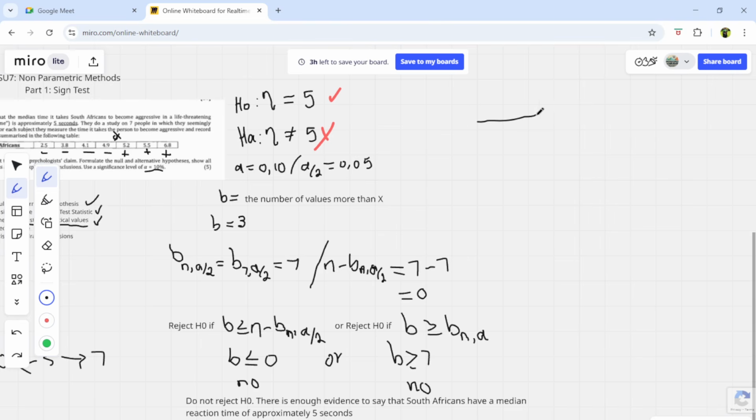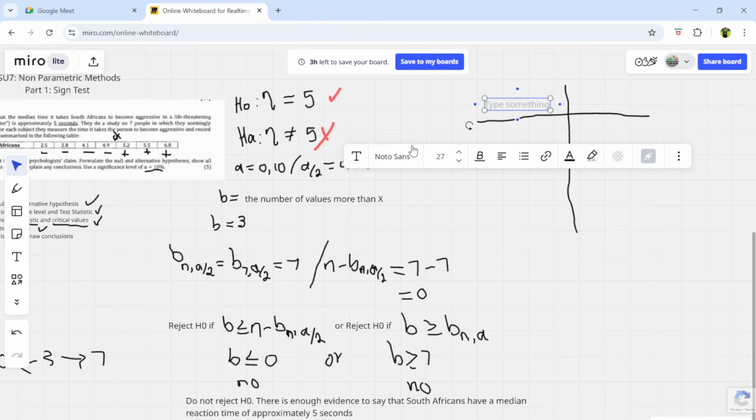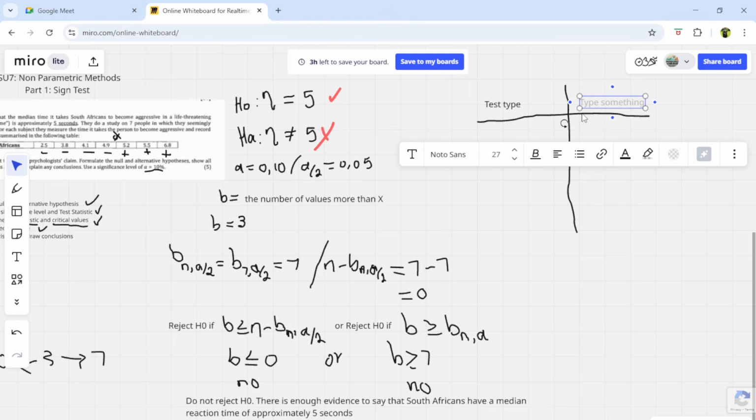Here I'm going to write test type, and here decision. This is different from what is in the slides. I'm just making it easier for you to understand.